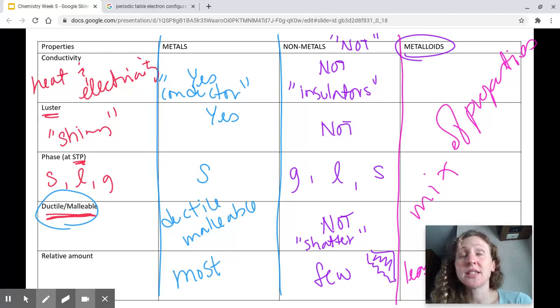Some metalloids, like silicon, are the backbone of technology because they have such unique characteristics that metals don't have, and neither do nonmetals. It's this beautiful mix of properties that can support a lot of different electronic engineering. And so the metalloids don't fit very well into either category, but really that's their strength.